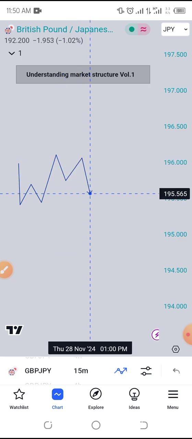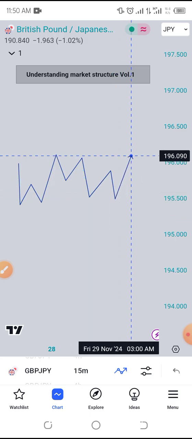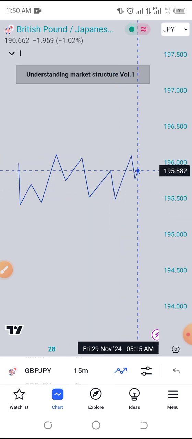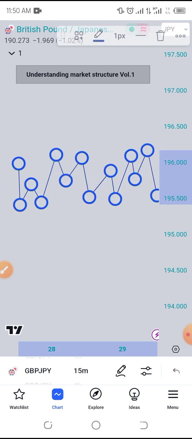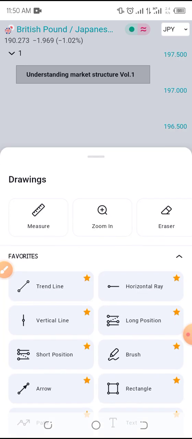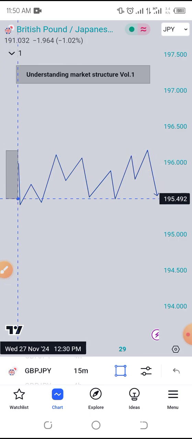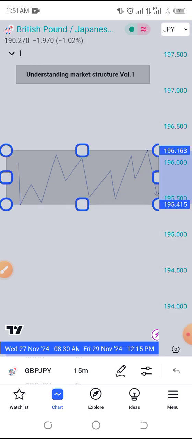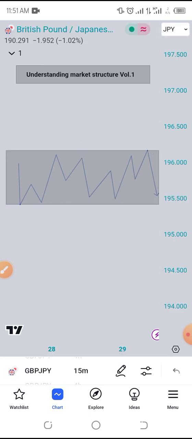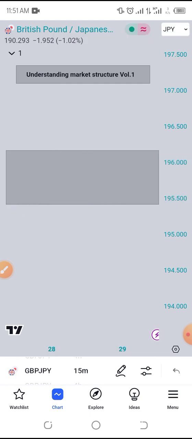When you see the market doing something like this, it's obvious that the market is in a ranging condition, because the market is not clearly identified to be in an upward move or a downward move. So basically we have three trends: up, down, and sideways, which we can also call the ranging market.